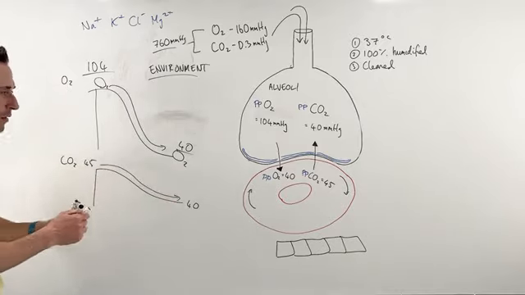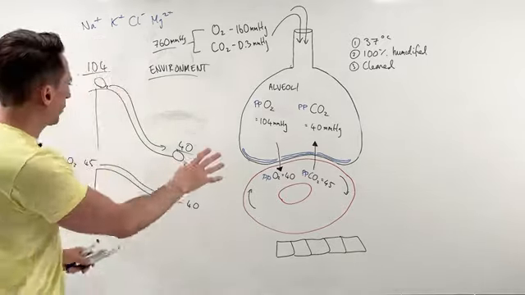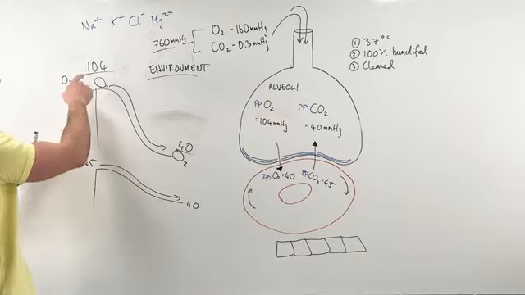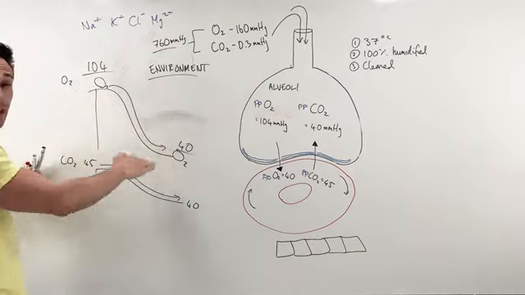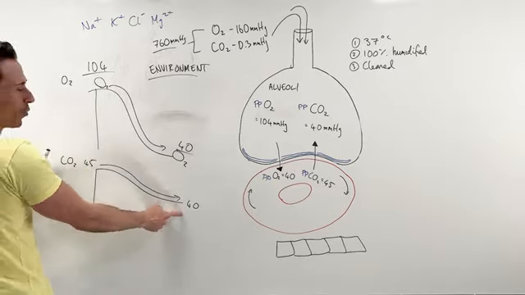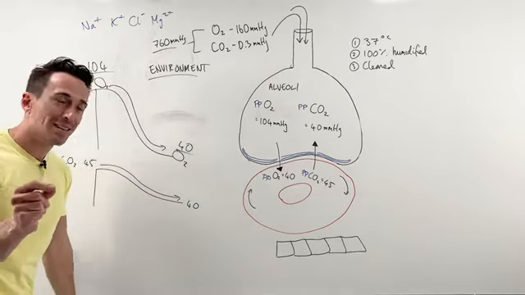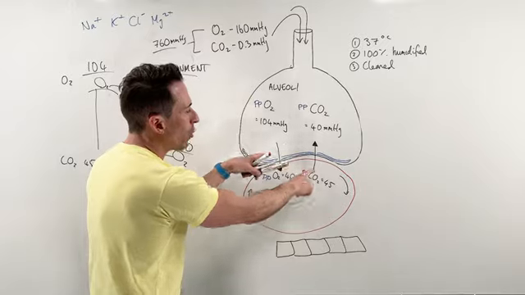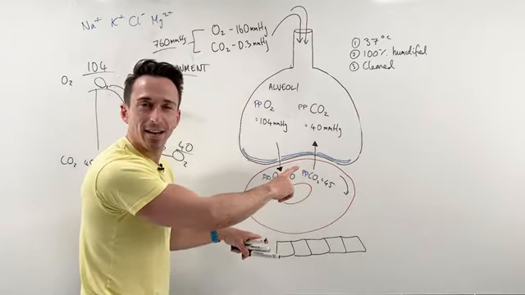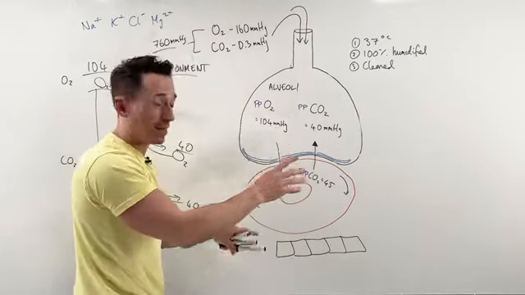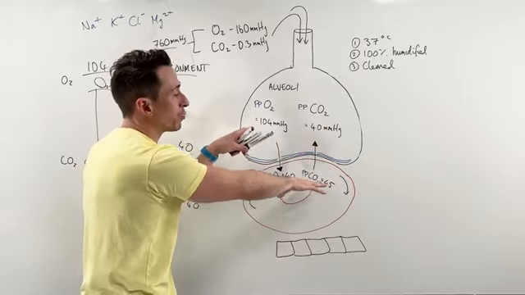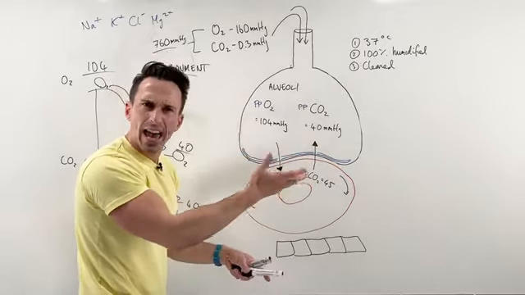Now, important point. Have a look at the gradient of the slide. Going from 104 to 40 is pretty steep. But going from 45 to 40 isn't that steep. Yet, we exchange an equivalent amount of these gases here at the airways, at the alveoli, at what we call the respiratory membrane. How?